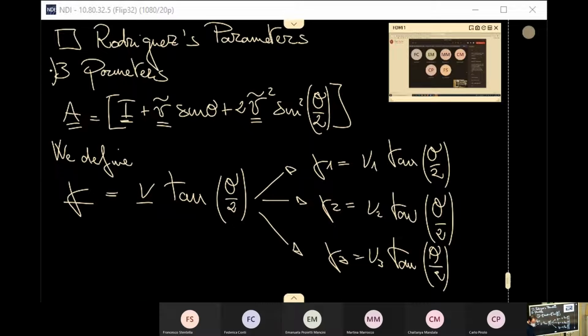Now, we already mentioned that there is a problem when we only use 3 parameters, which is the smallest number possible. And this problem is that we may encounter a singularity. There may be some orientations which we are not able to describe when we are only using 3 parameters. Can you see this singularity here?